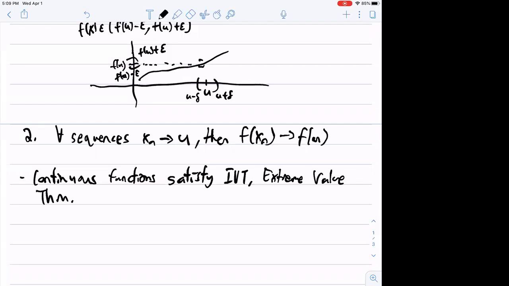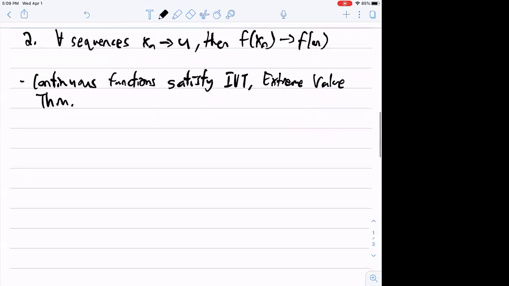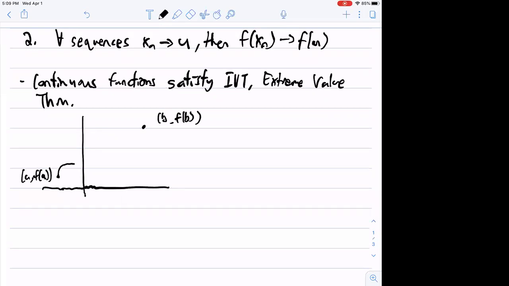So let's start with IVT, right? The idea is if I pick a point like here and a point here, let's call this B. So basically, if I write any continuous f, if you can just draw it without lifting your hand off the board, it's continuous.